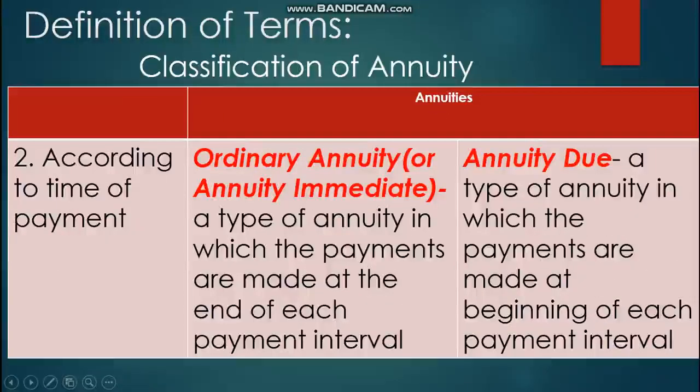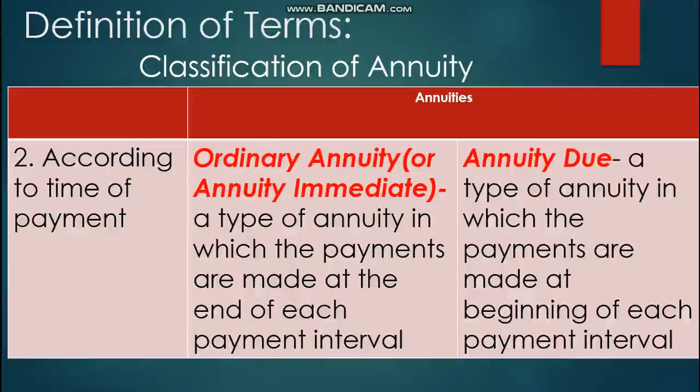Okay? Second classification of annuity is according to time of payment. Ordinary annuity, a type of annuity in which the payments are made at the end of each payment interval. Kapag magbabayad ka every month sa huling araw ng isang buwan, ordinary annuity. Pag annuity due, a type of annuity in which the payments are made at the beginning of each payment interval.